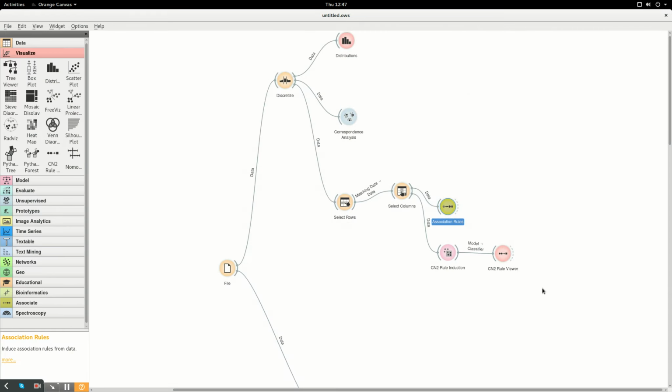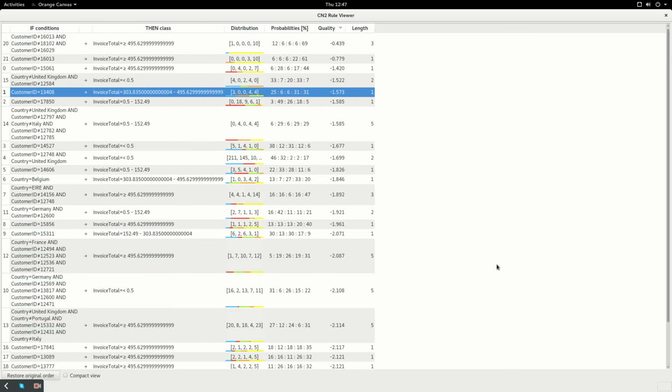A very similar technique is actually using this CN2 rule induction, which does something very similar, but it gives us a bit of a higher level view of things.